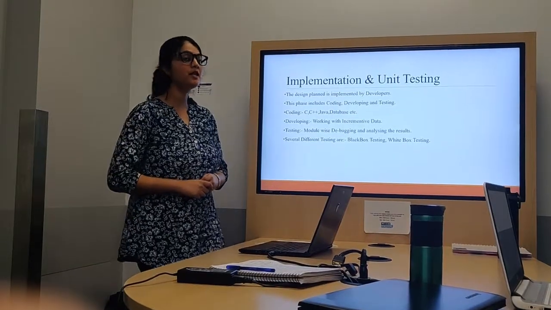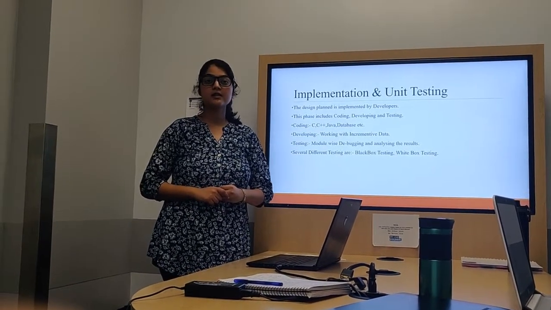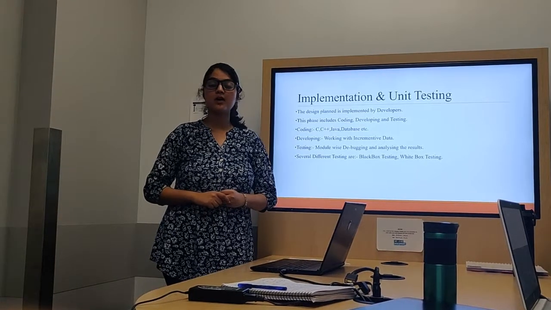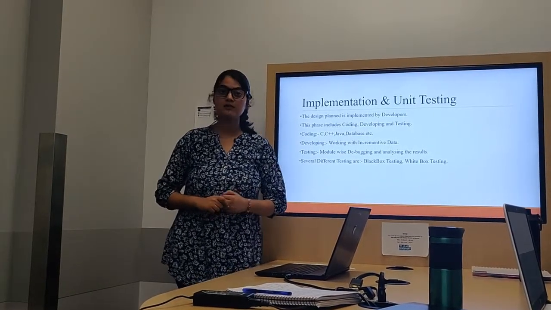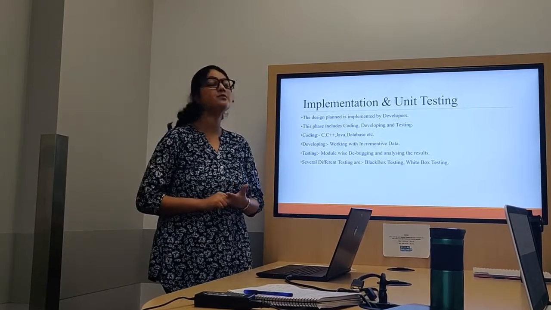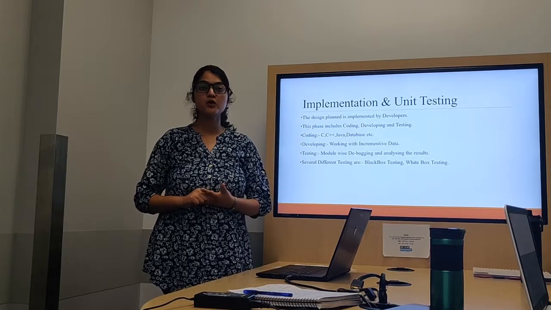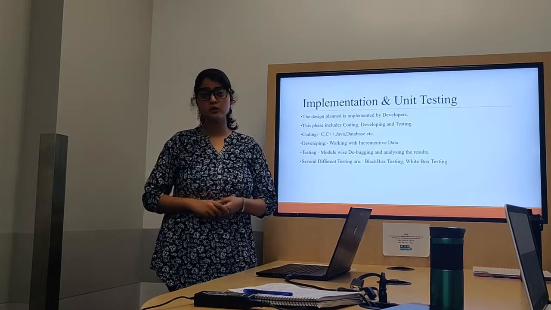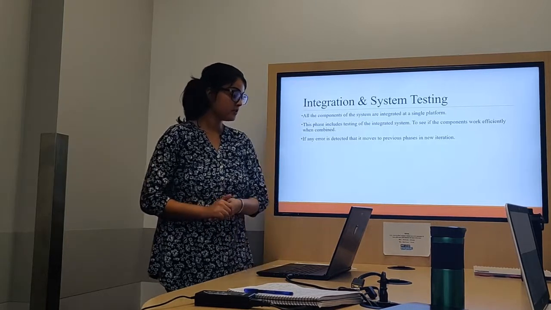After the implementation phase, there is a testing phase in which testing is done in order to find out the errors, if there are any, and to check the correctness of the system. There are three different types of testing. Number one is unit testing, in which a single module is tested at a time in order to find the bugs. After that, there is integration and system testing.